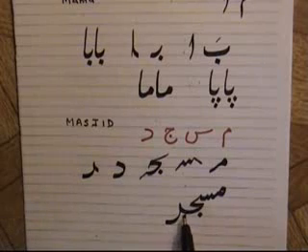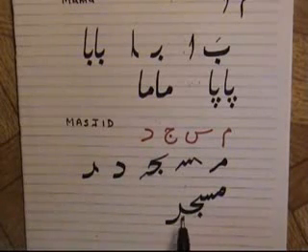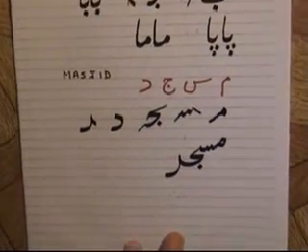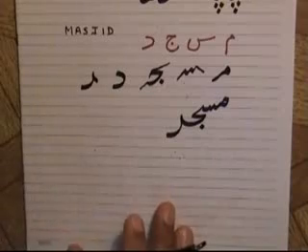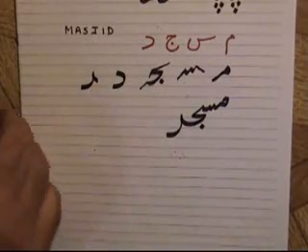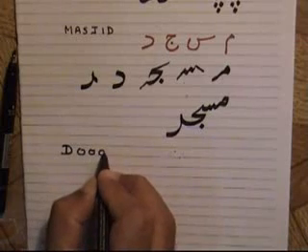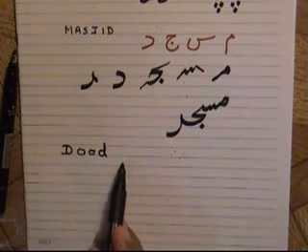So in this way we connect different letters in order to form a word. Let's see another example. There's a word in Urdu, doodh. Doodh or milk.